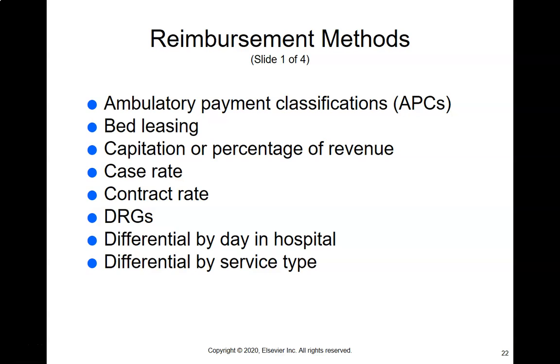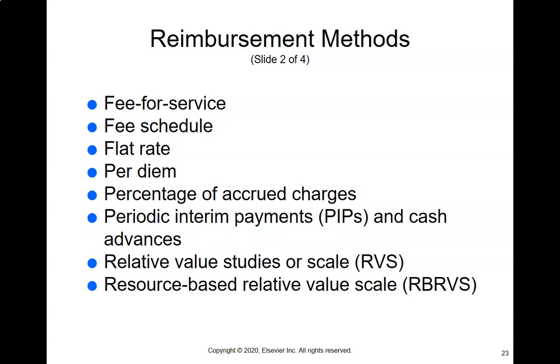Then reimbursement methods could be case rate, the contracted rate, DRGs, differential by day in hospital, differential by service type, fee for service, fee schedule, flat rate, per diem, percentage of accrued charges, the periodic interim payments, the PIPs, and cash advances, relative value studies or scale, the RVS, and resource-based relative value scale.